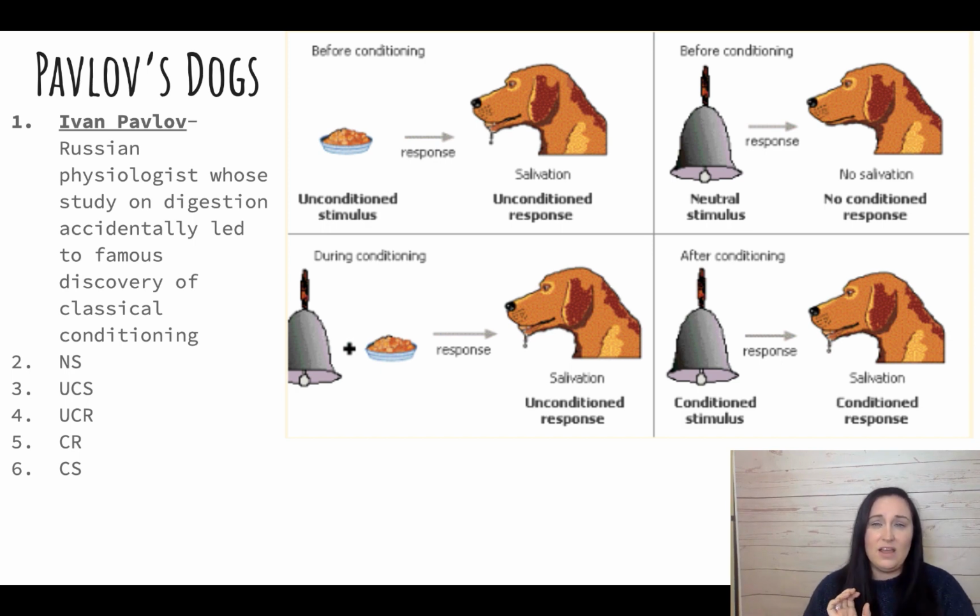And now he's going to pair the seeing of the food with a neutral stimulus, a bell. So the goal here is, can I take this neutral stimulus that doesn't provoke any response and make it provoke a response? Like, can I make the dog salivate without the dog food ingestion?